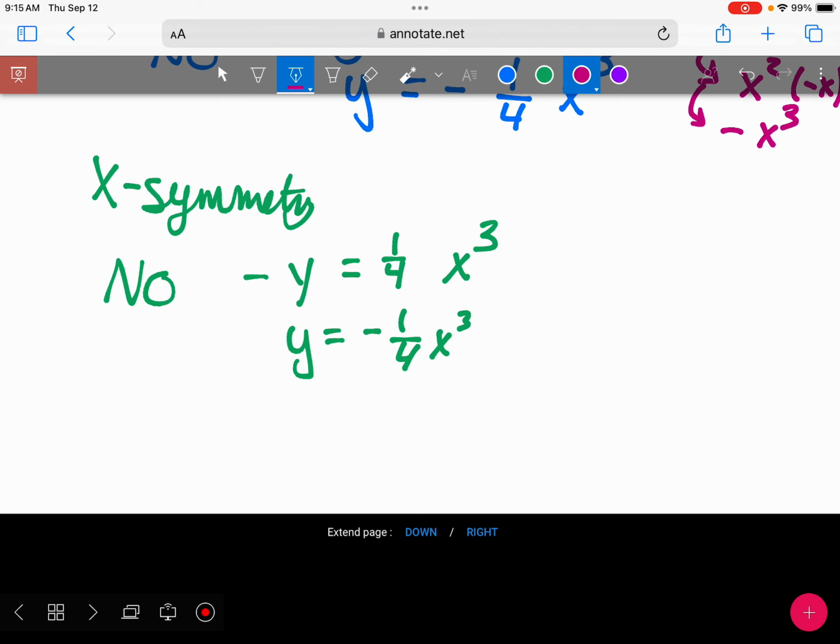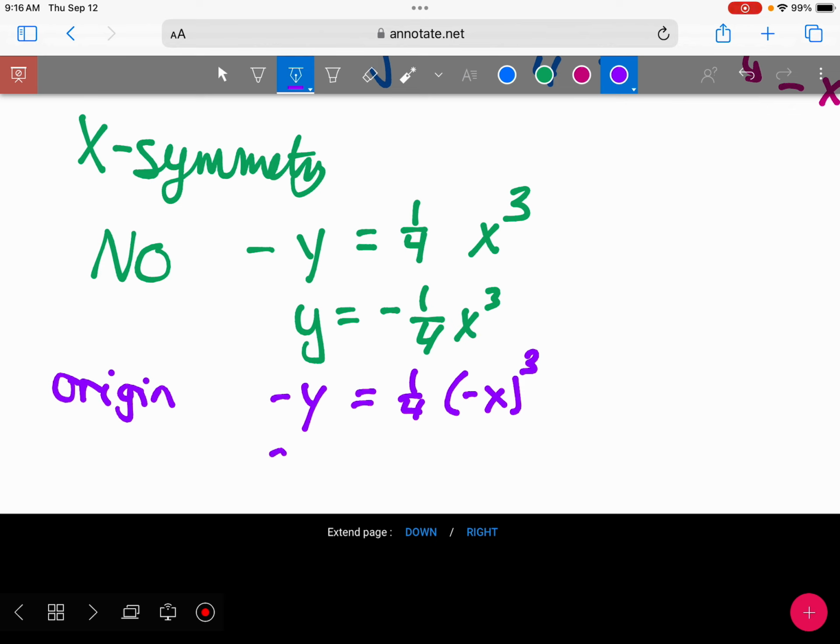So now we're going to do our origin test. That's when we do both. So we're going to have our opposite of y equals 1/4 times the opposite of x cubed. And we're going to wind up doing a lot of the same simplifications we did. So just like with our y symmetry, that opposite of x cubed makes this side negative 1/4 x cubed.